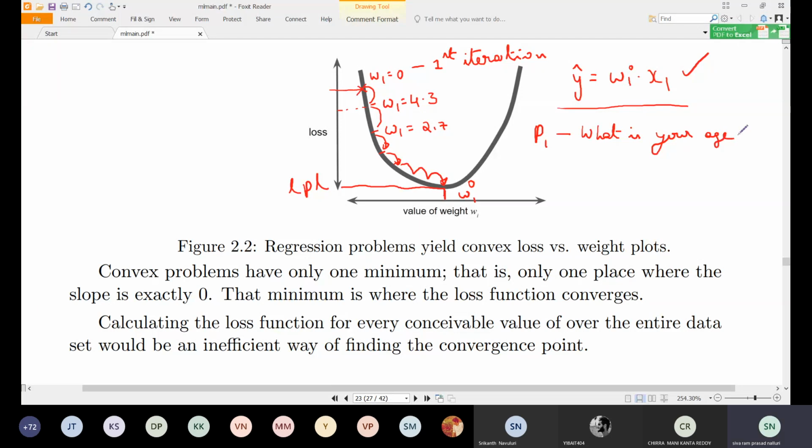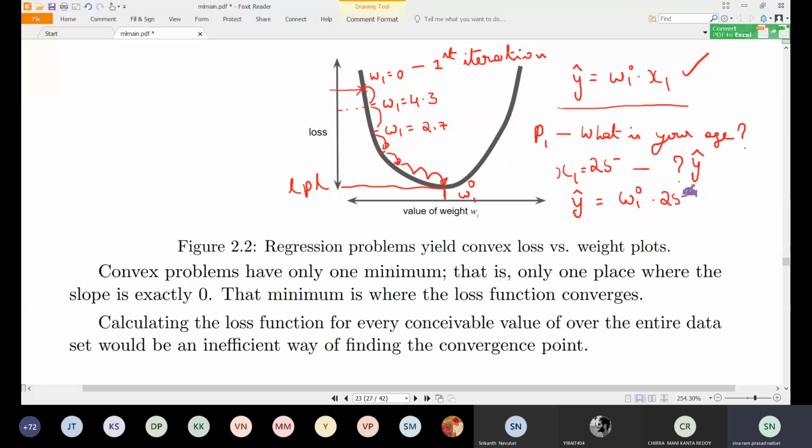So the person responds, say my age is 25 years. So he has given the input value x1 is equal to 25 and he wants to know what will be his BP. Okay, he wants the predicted value of his blood pressure. So you substitute: the predicted value is equal to W1 naught into the age of the person.